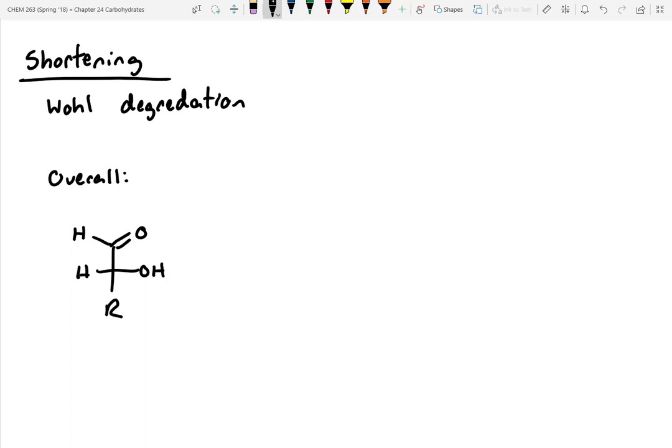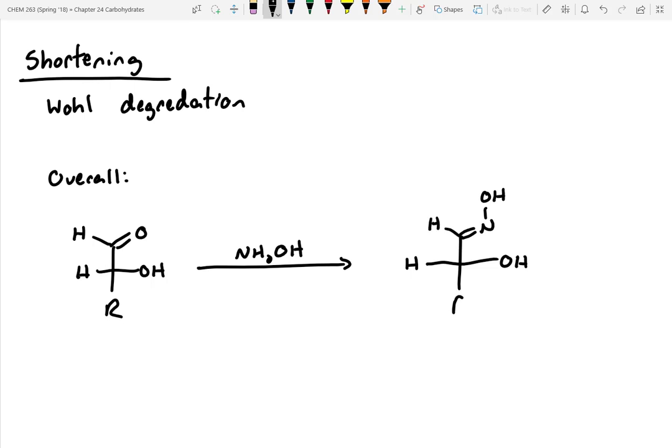And in this reaction, first thing we're going to do is treat it with an amine nucleophile. And if you remember, we're going to get this unique type of imine out.